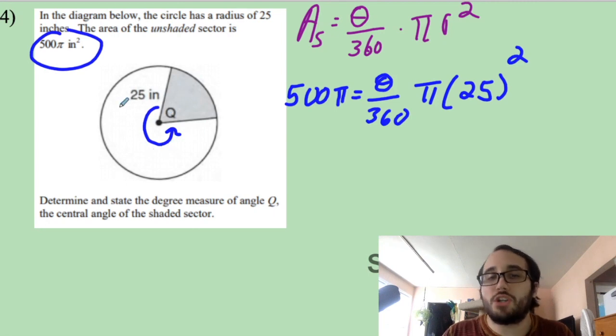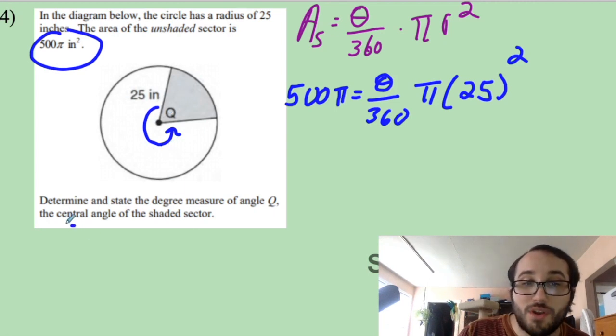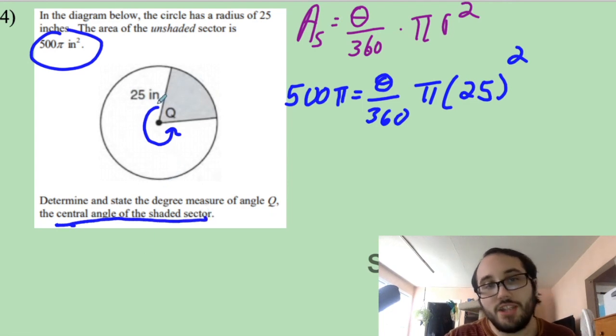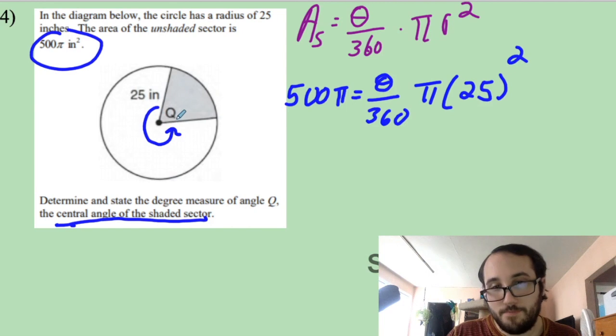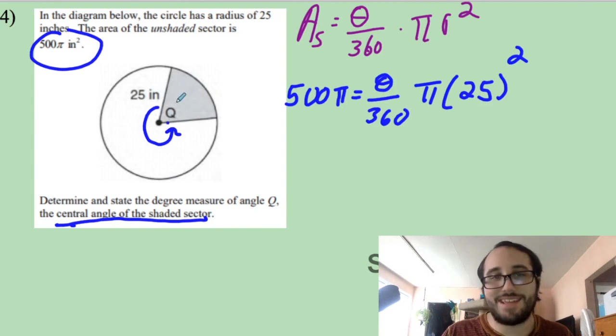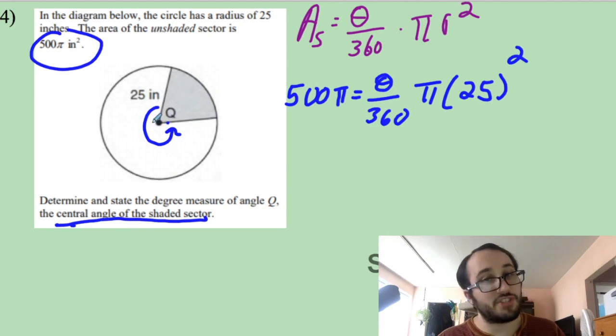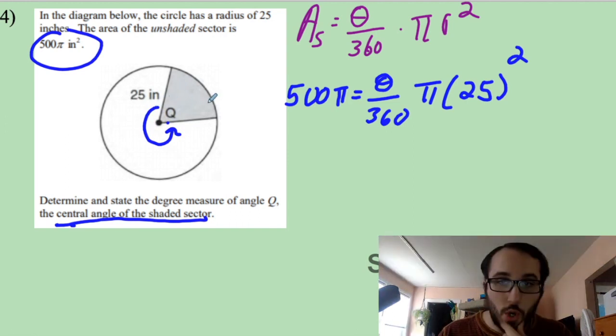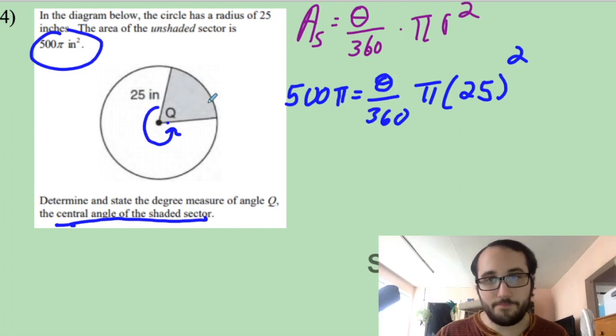But it wants me to figure out what the angle of the shaded region is. So if I know the angle of the unshaded region, how could you then get the angle of the shaded region? A full circle is 360 degrees. 360 minus the unshaded region will give you the shaded region. So in this case, we are going to solve for theta.